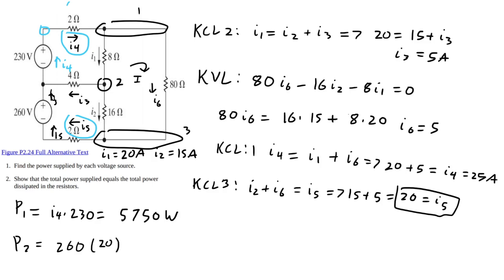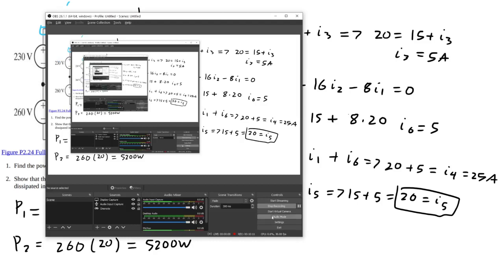So 20 times 260 is 5,200, or 5.2 kilowatts. Okay, so that makes sense. That one seems right. I'm going to be right back. My OneNote is bugging out, so I'm going to close it out, and then I'll come right back.